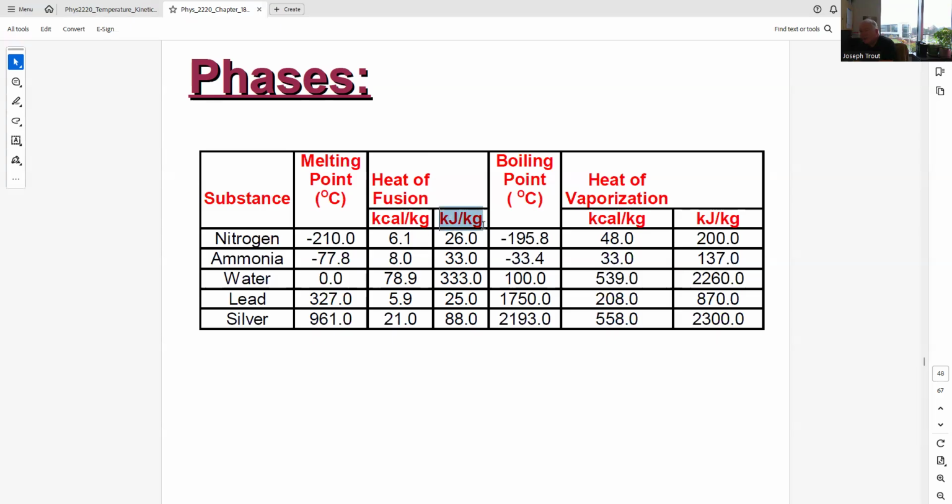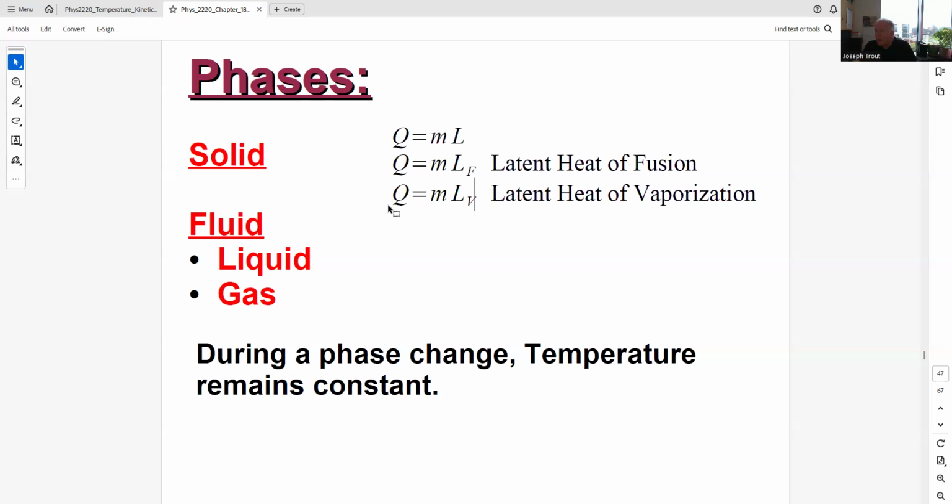Note that this is usually given in kilojoules, so make sure when you make the conversion it's there. By the way, that means that the heat is equal to the latent heat of fusion if we're turning something into ice or turning ice into water, and latent heat of vaporization if we're turning water into steam or removing heat to turn steam back into water.